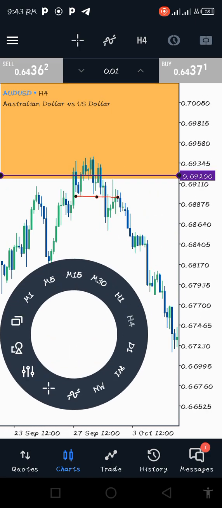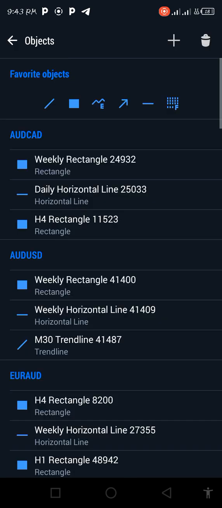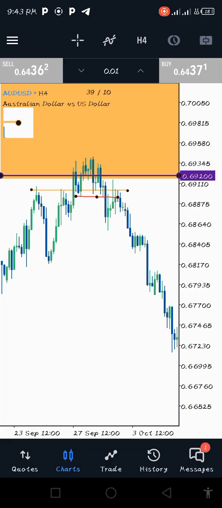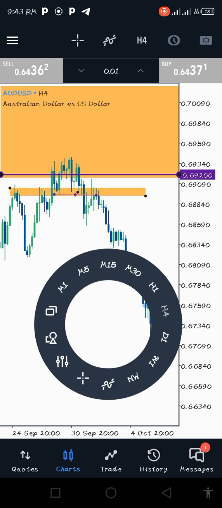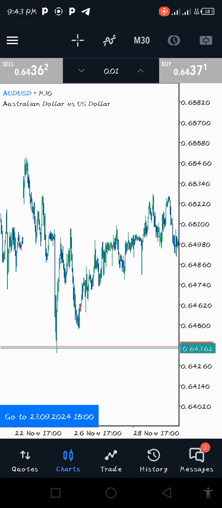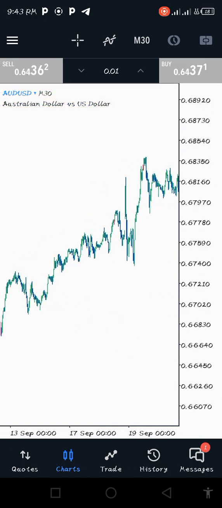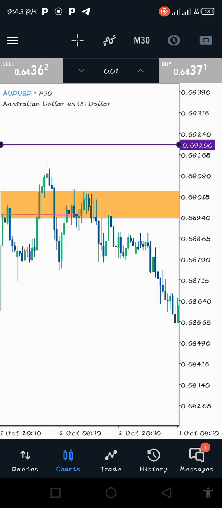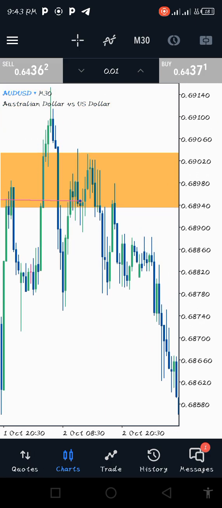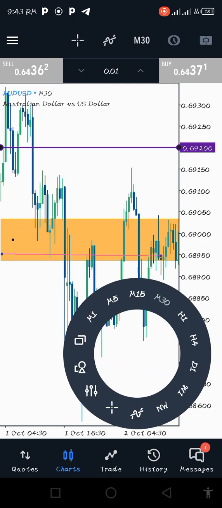We expect a selling opportunity from this zone right here. Now we can be using the pin bars and engulfing bars for entry. Now we go back to the 30-minute time frame and spot out our pin bar or engulfer right here. Price moved down.